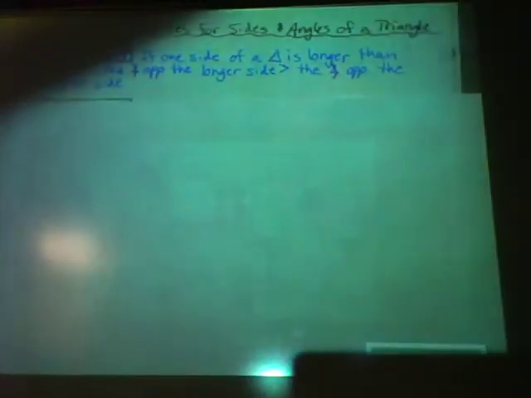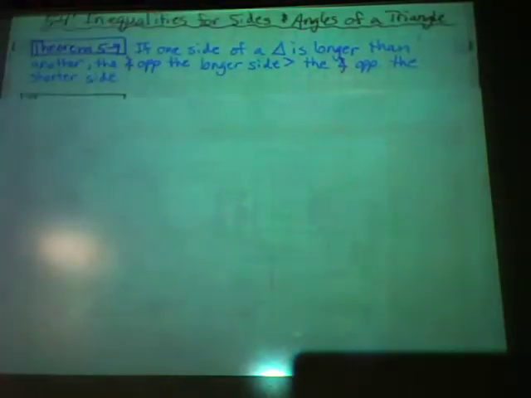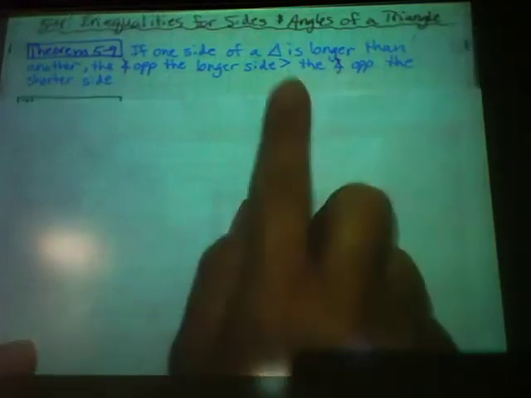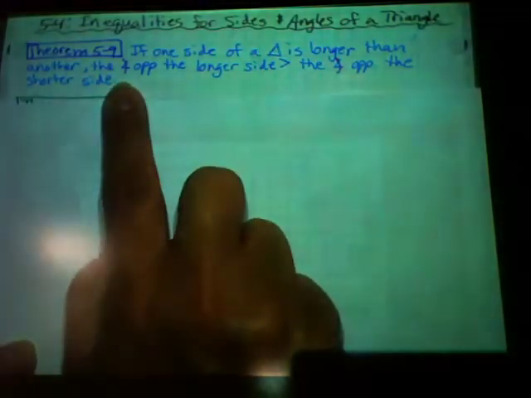So here's theorem 5.9. If one side of a triangle is longer than another side, the angle opposite the longer side, and this is not an angle marker, this is a greater than, sorry. So I specifically put an arc mark in here.